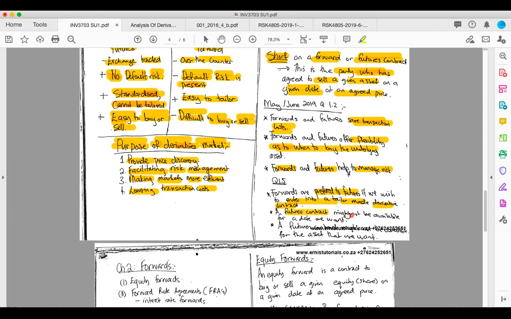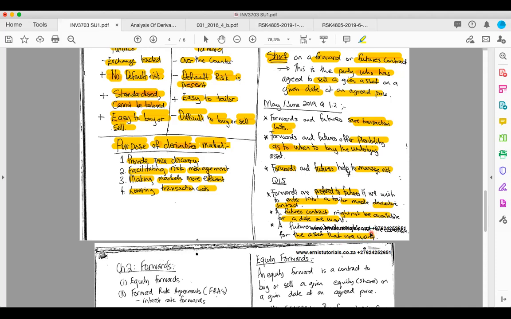Also, a futures contract might not be available for a date that we want. Remember, futures contracts are standardized, and the date at which the exchange says they can buy or sell it to you in the future is what you have to work with. And lastly, a futures contract might not be available for the asset that we want.